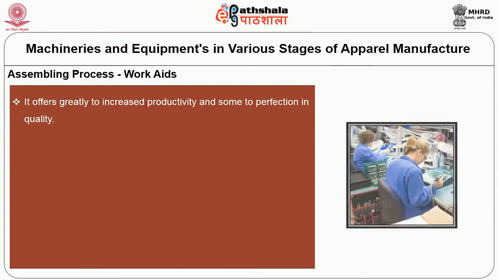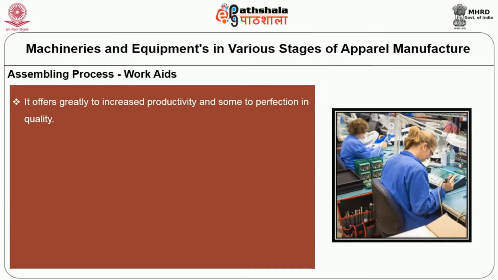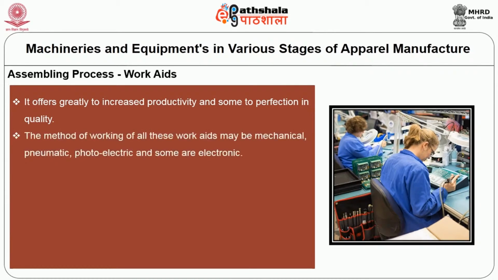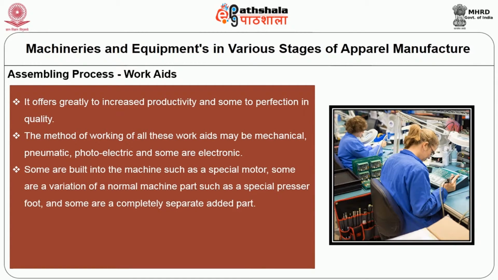Next one is the work aids. The work aids contribute greatly to increasing productivity and some to perfection in quality. The method of working of all these work aids may be mechanical, pneumatic, photoelectric, and some are electronic. Some are built into the machine, such as special motors.